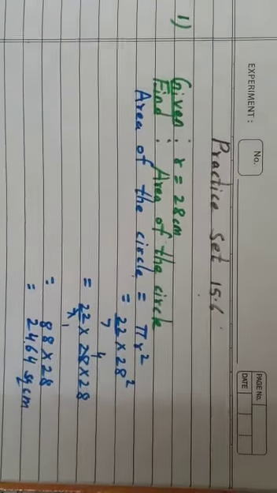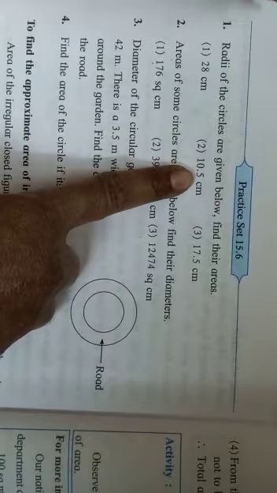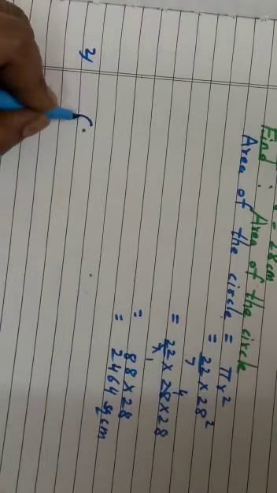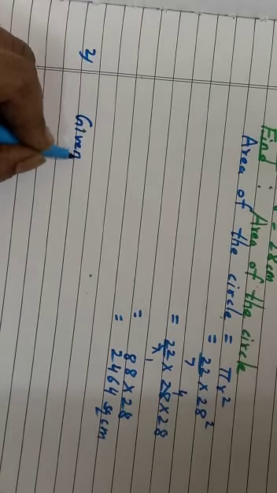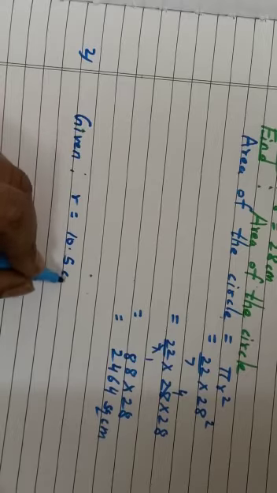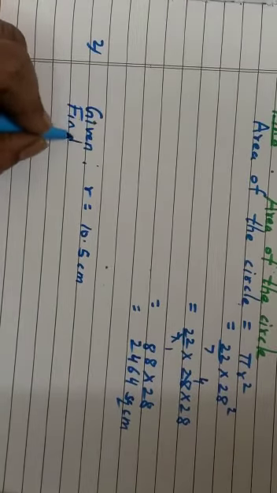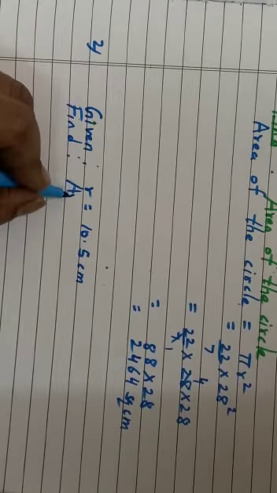Now for the second example, they have given radius 10.5. Again the same method. Given r is equal to 10.5 centimeter. What you have to find? Area of the circle.